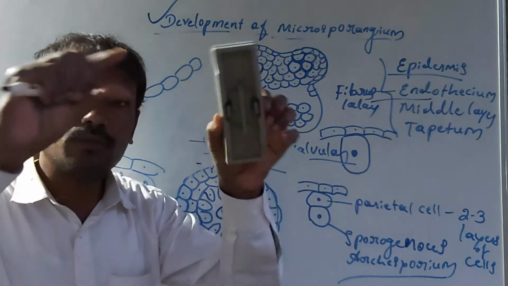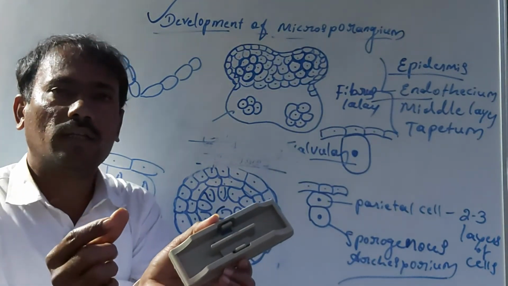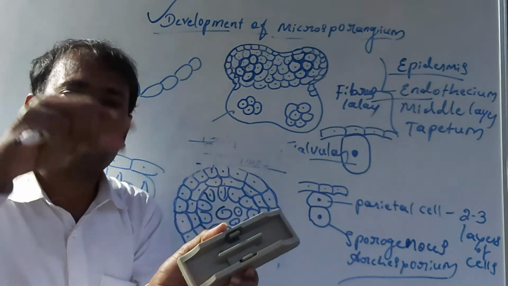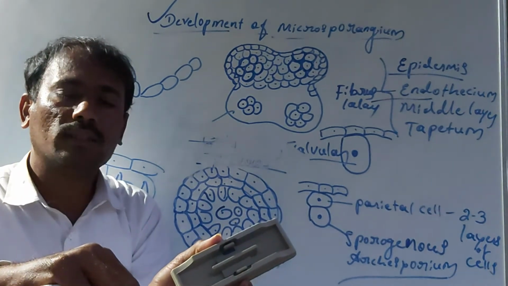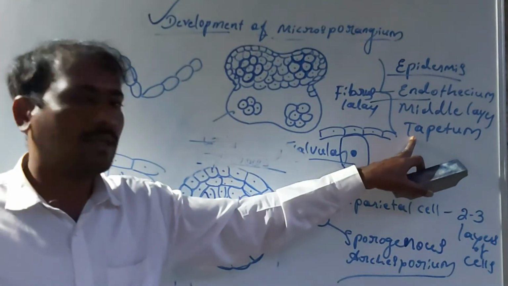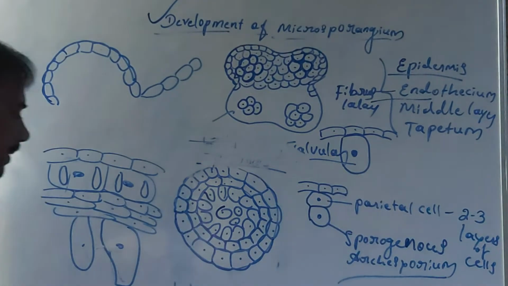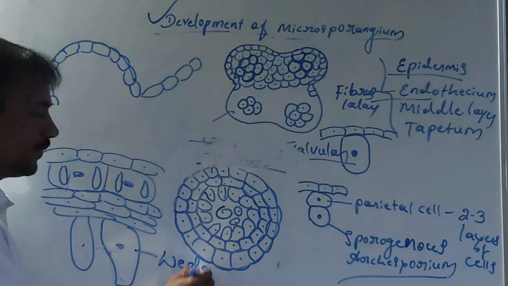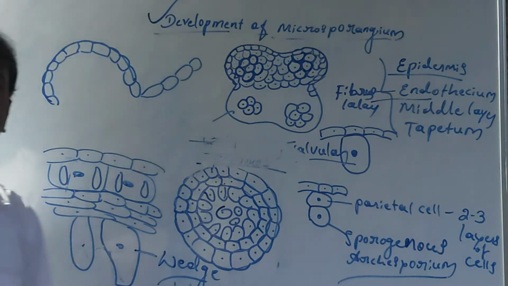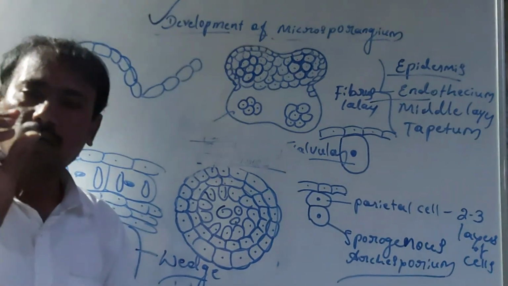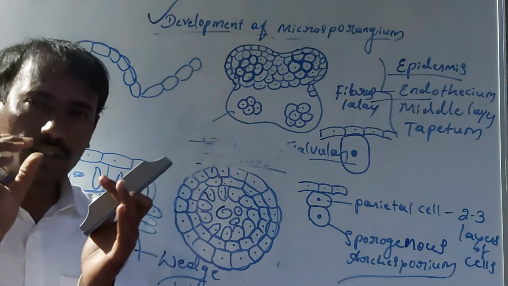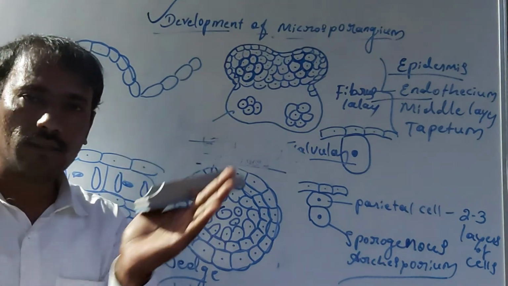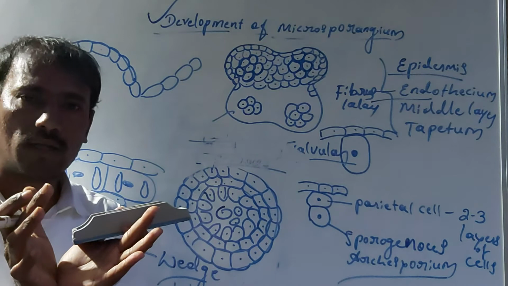It is a nutritive layer. The cells of the tapetum are wedge shaped. They contain a prominent nucleus and a dense amount of cytoplasm.